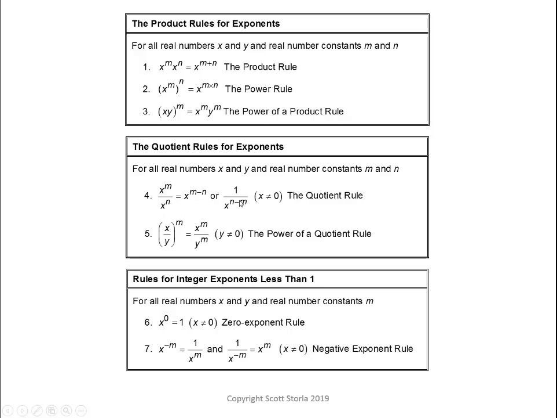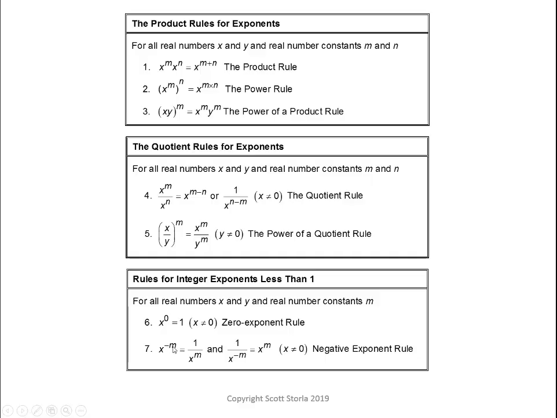Either one is fine. And Rule 7, which says if you have a negative exponent, then you can take the reciprocal of the expression in exponential form and change the exponent to its opposite. Keep in mind this really isn't negative or positive, it's just saying opposite.